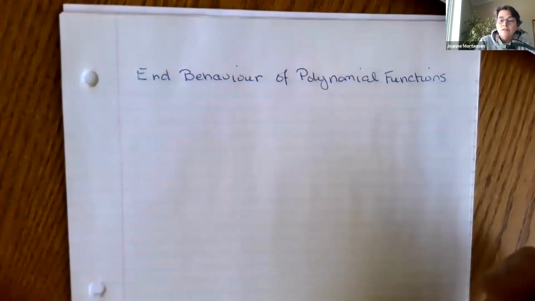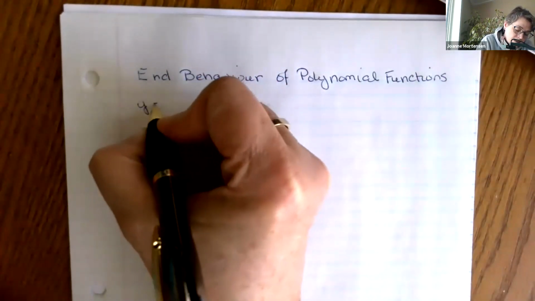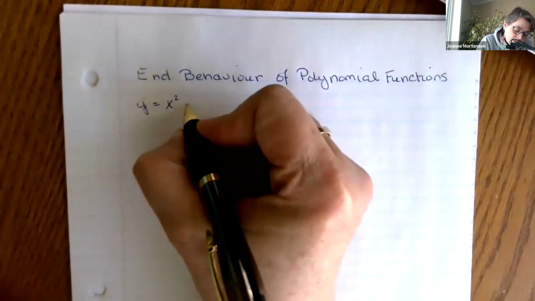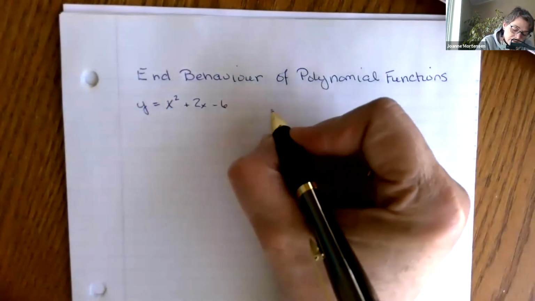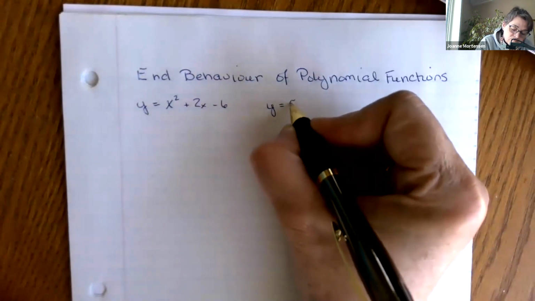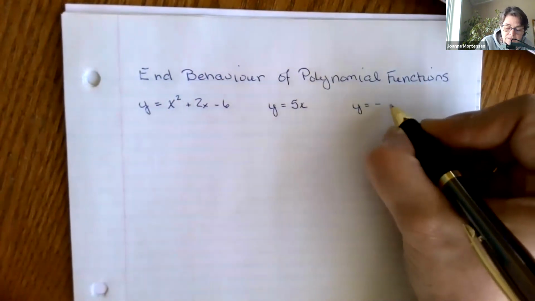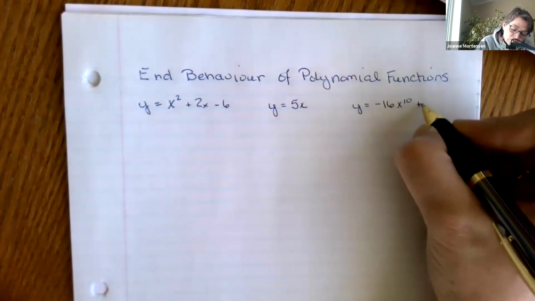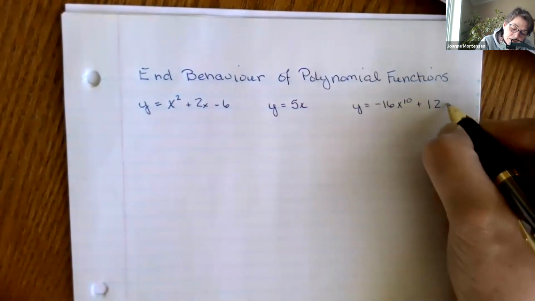So first of all, a polynomial function is one that's going to start out with y is equal to something or other. There's probably going to be an x squared plus 2x minus 6, or y is equal to 5x, or y is equal to minus 16x to the 10 plus 12 minus 2x.